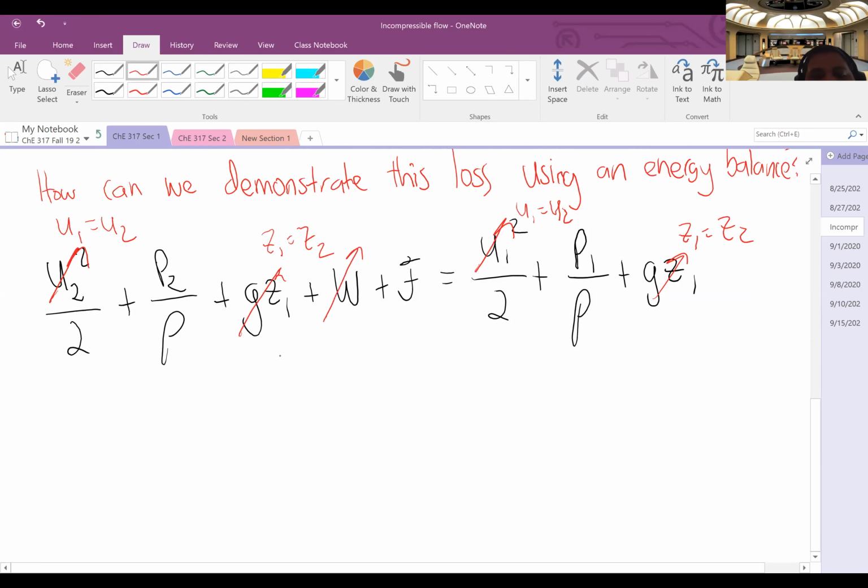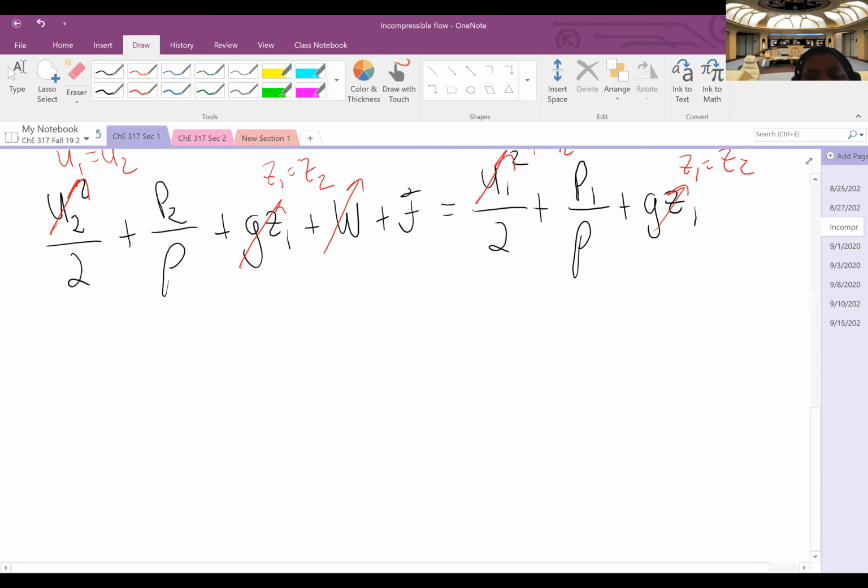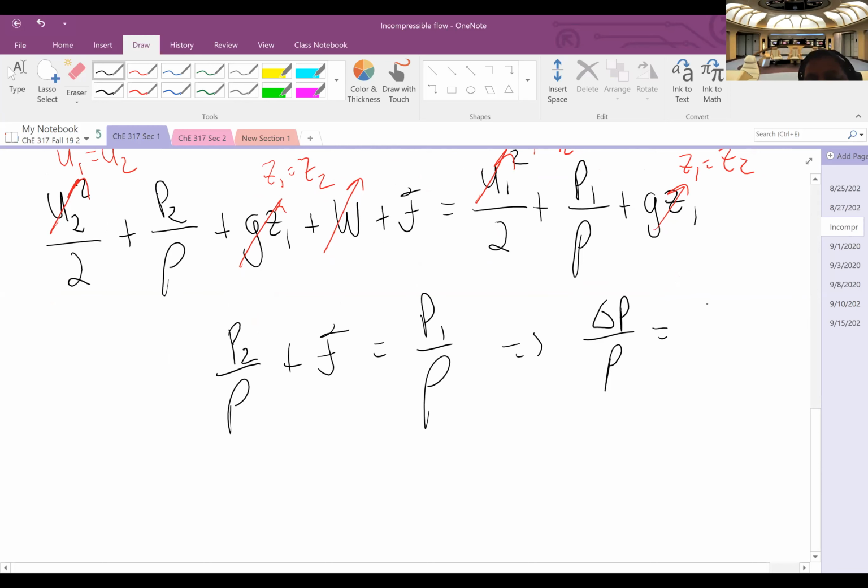And if I don't see any pumps or anything, I can consider the work negligible, or that there being no work, which means I have P2 over rho plus friction equals P1 over rho, which implies any change in pressure that I'm seeing in this system must be a result of friction.